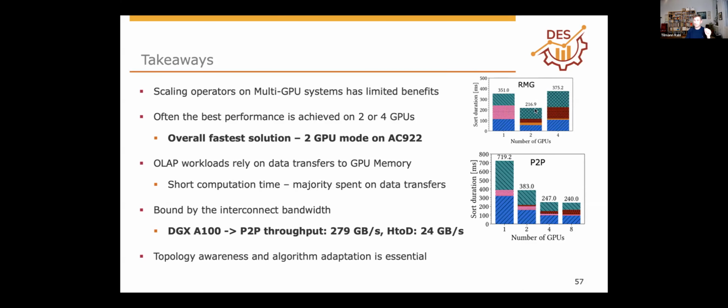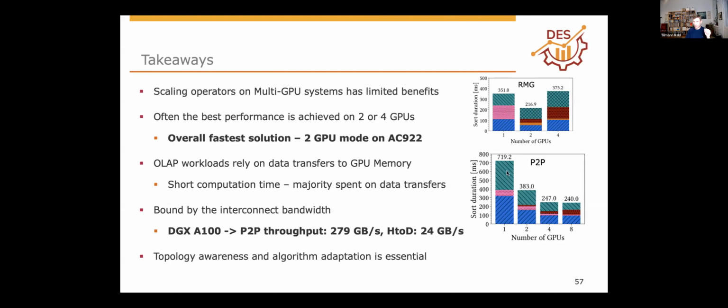And this is even the fastest compared to doing this on the A100, right? This is a V100 GPU. The A100 has many more cores, is much higher performance, and has much higher throughput.